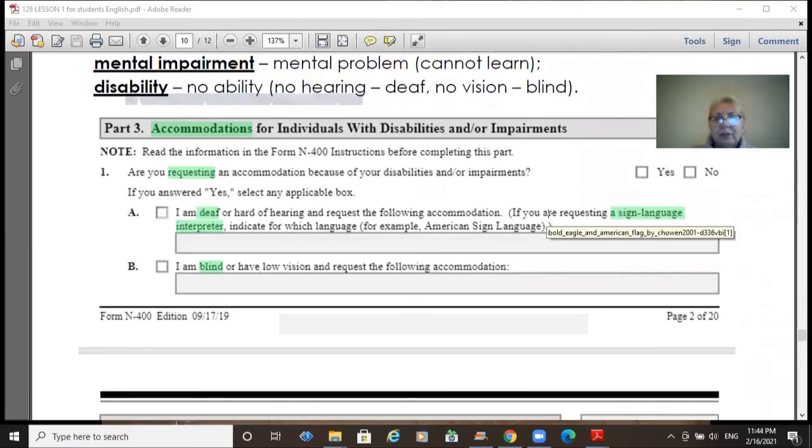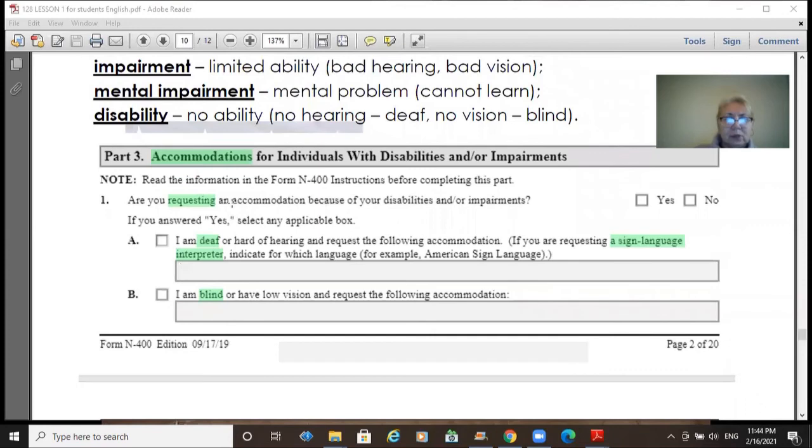And the question they may ask you for this part is, are you requesting an accommodation because of your disabilities and or impairments? Or they can say, do you need any accommodations for the interview?